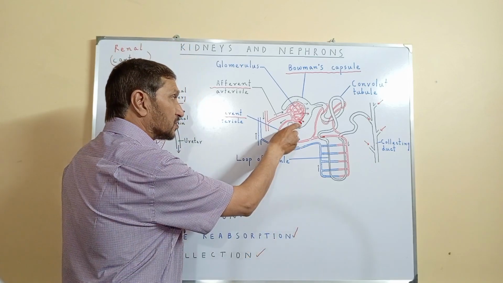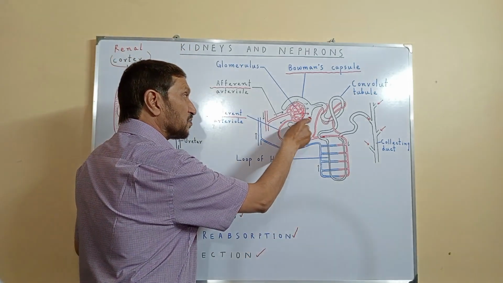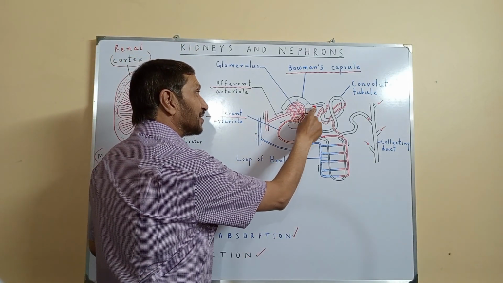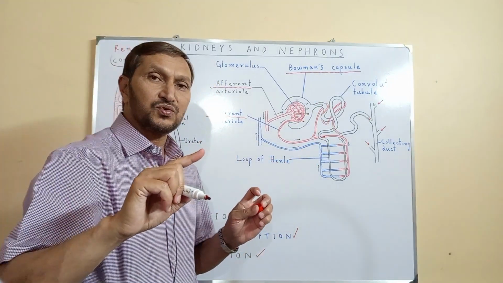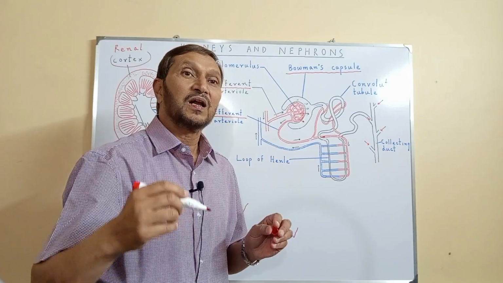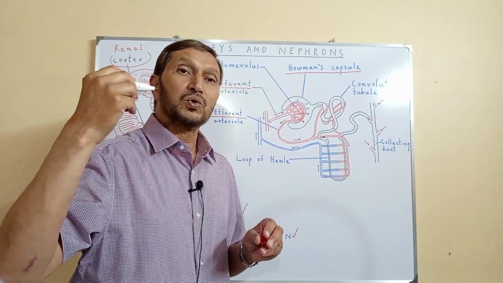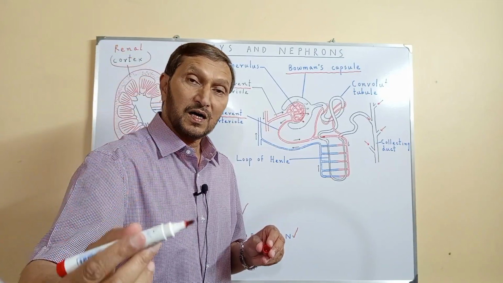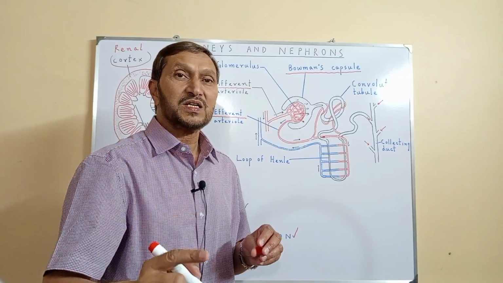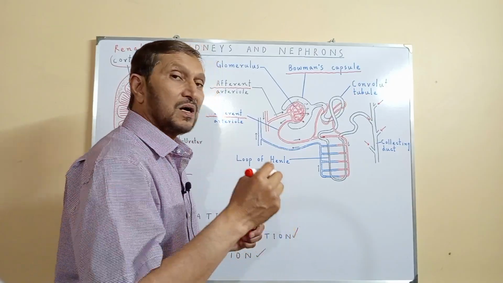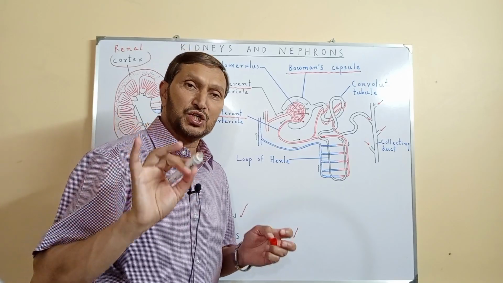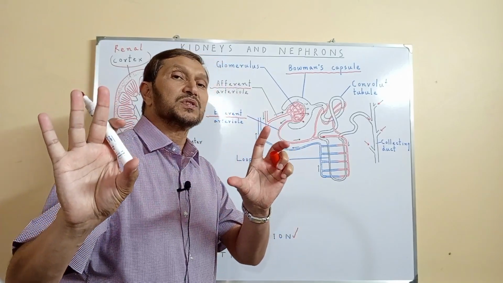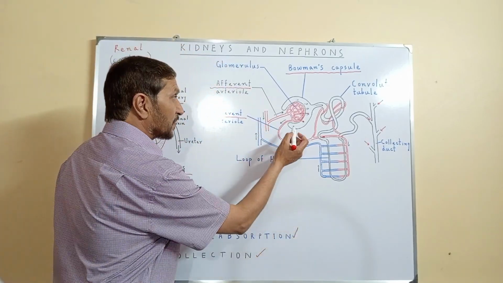Here we can see that there are small pores, so a certain part of the blood, the smaller molecules like water, glucose, urea, amino acids and excessive salts, will come out under high pressure. They are squeezed out.